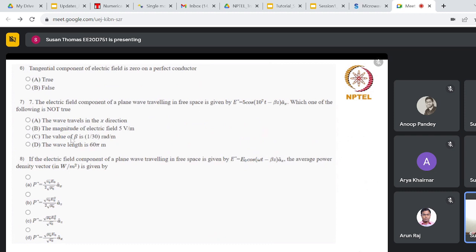So coming to the sixth question, tangential component of electric field is 0 on a perfect conductor. So is it a true or a false statement? This is something which has been studied in electromagnetic field theory. Basically the boundary conditions at a conductor interface.